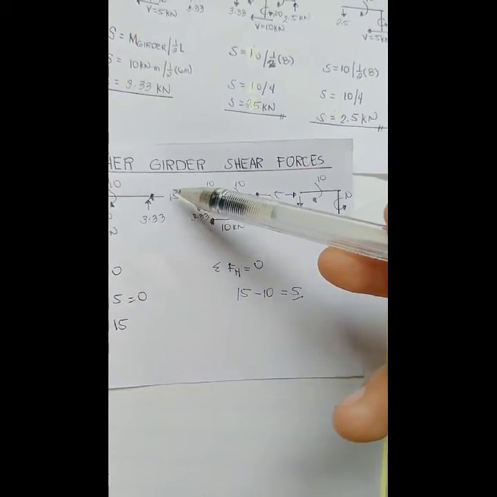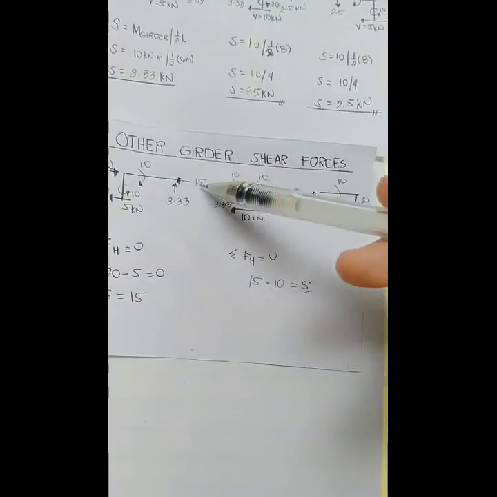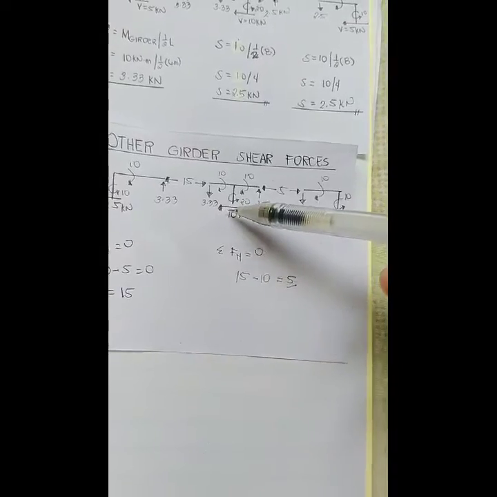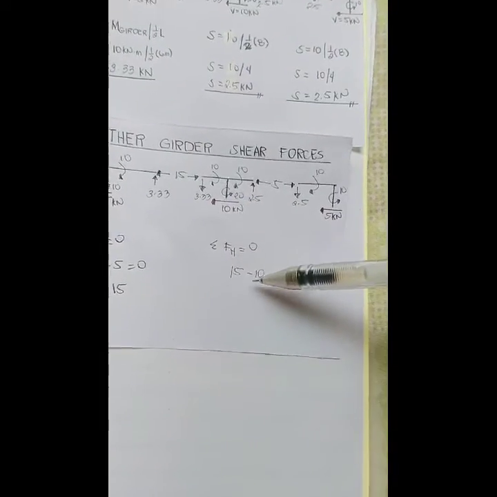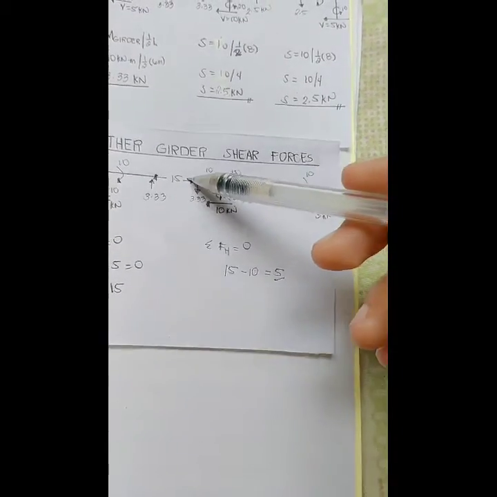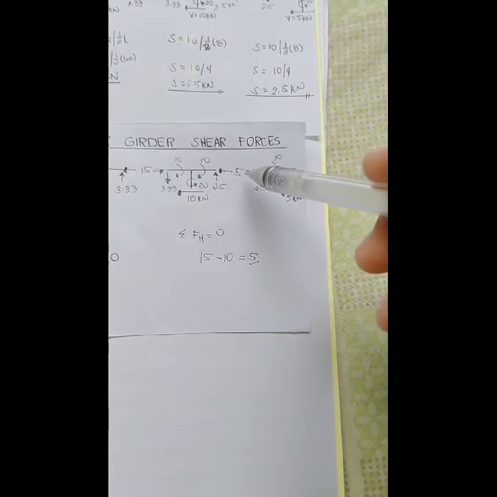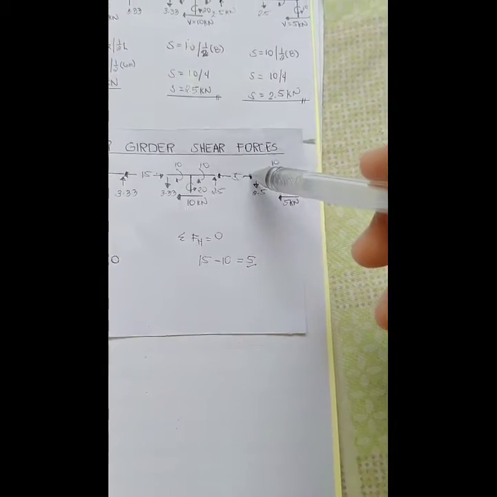From dito naman sa part na to, magsasummation of forces horizontal ulit tayo. So, may 15. Tapos, ito ay contra. So, minus 10. The 15 minus 10 is 5. Ito, dapat pareho sila ng direction nito para makontra ito. Yung 5 kilonewton dito, pag nilipat siya dito sa kabila, magpapalit ng direction.